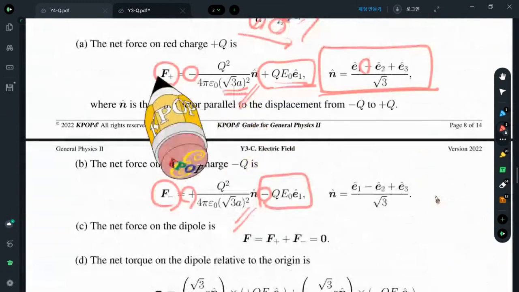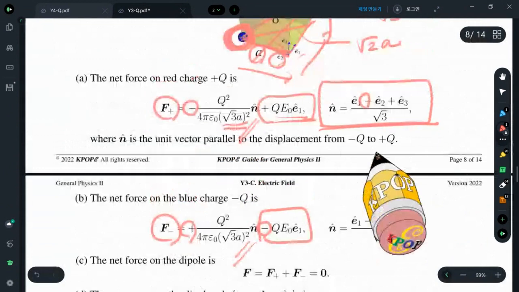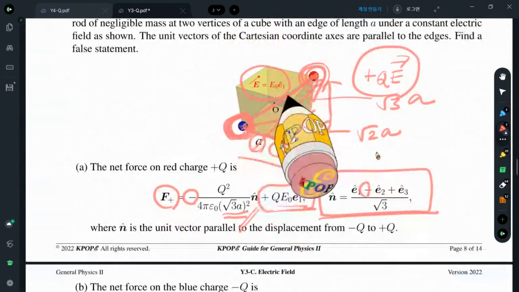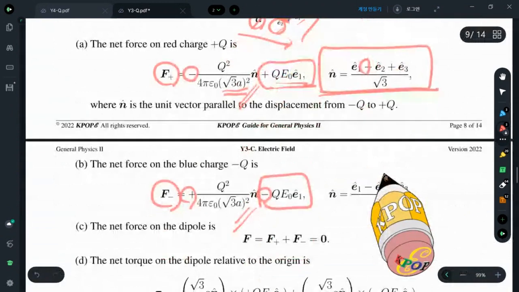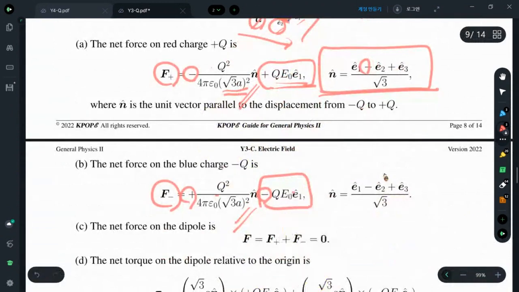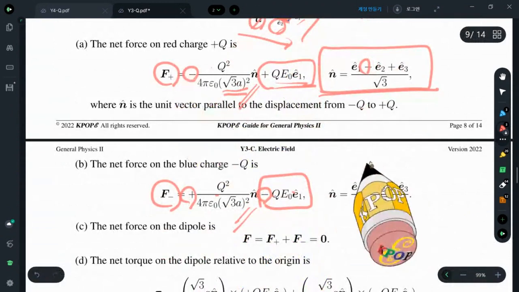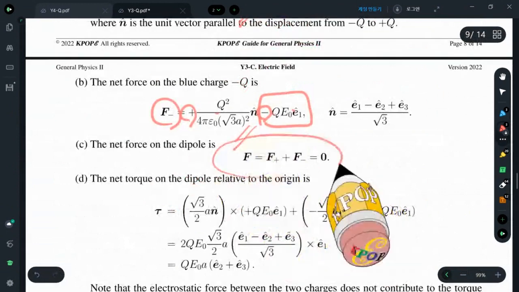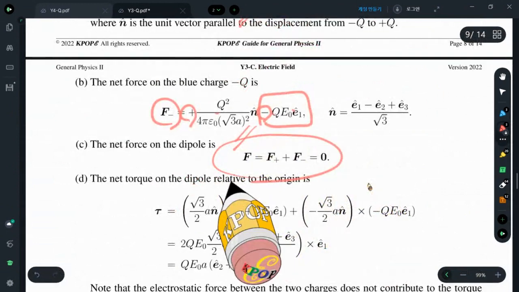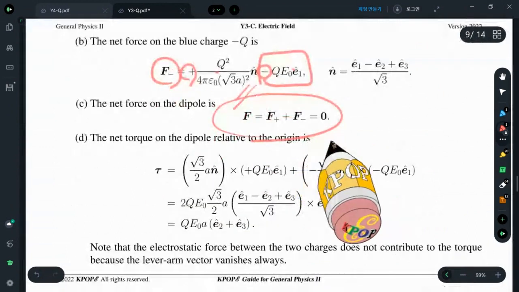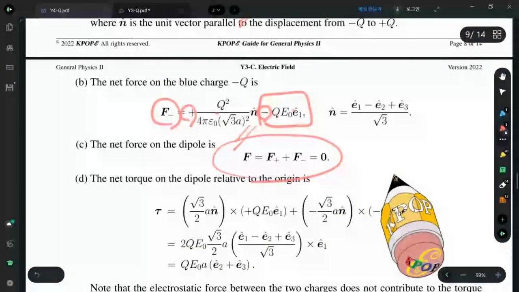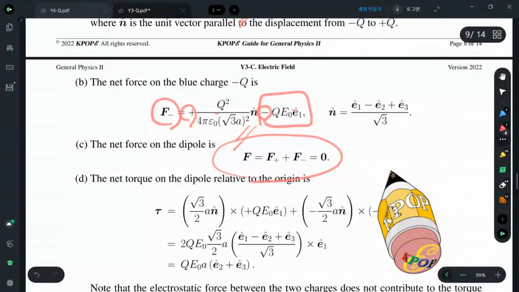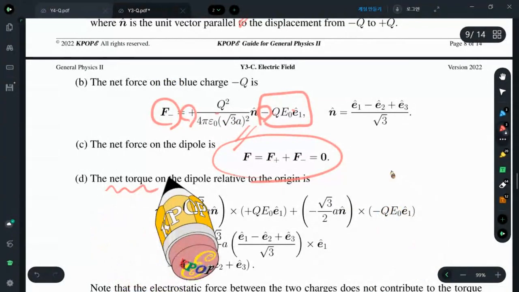The net force on these two charged particles, we call this an electric dipole. They are the same in magnitude but opposite in direction. So the net force on an electric dipole always vanishes. However, there is a non-vanishing torque.